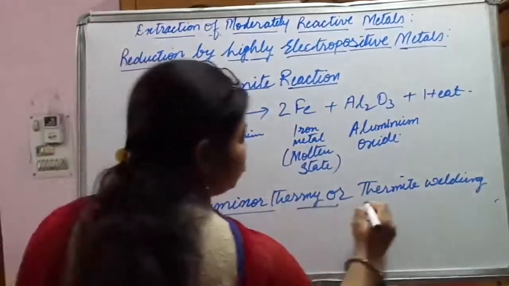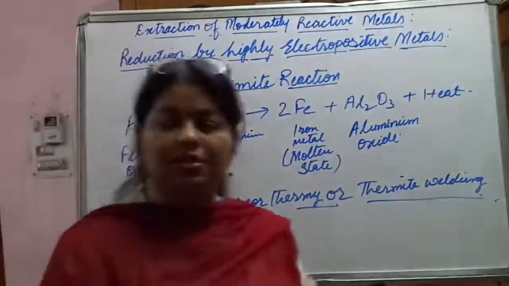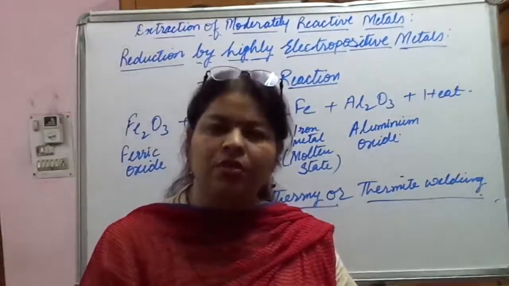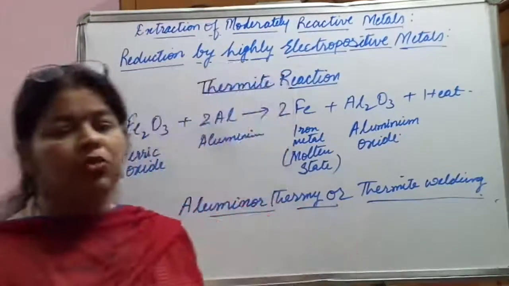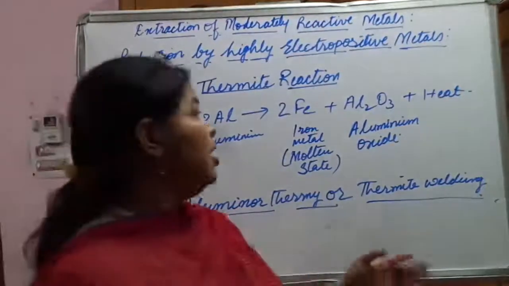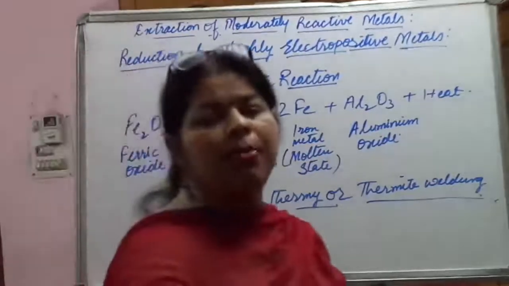It is used to join the cracks in the iron rails that are being laid down for running of railways, for making the railway tracks. So this is about aluminothermy or the thermite reaction, or reduction by highly electropositive metals.